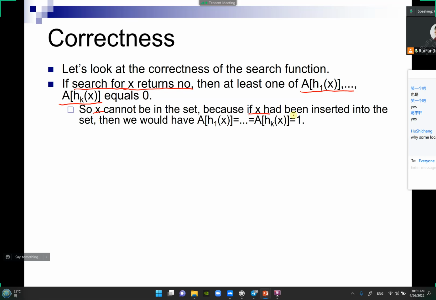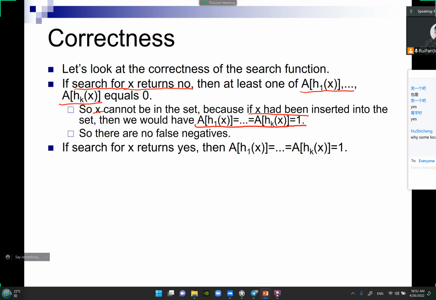Because if x was in the set, then when you inserted x, you would have set all of these locations to 1s. But we know that one of these locations is actually 0, so x was never inserted into the set. That means we never get false negatives. If the Bloom filter says something is not in there, it's definitely not in there.